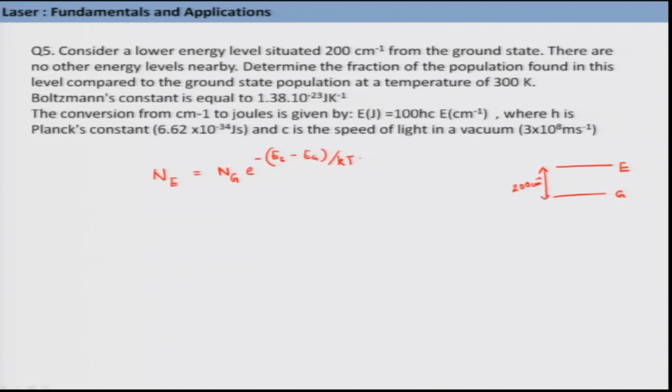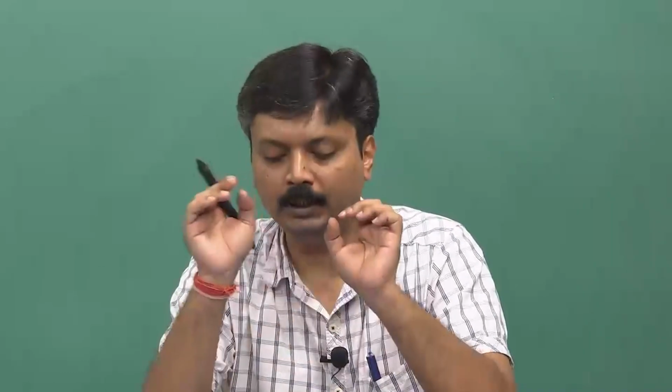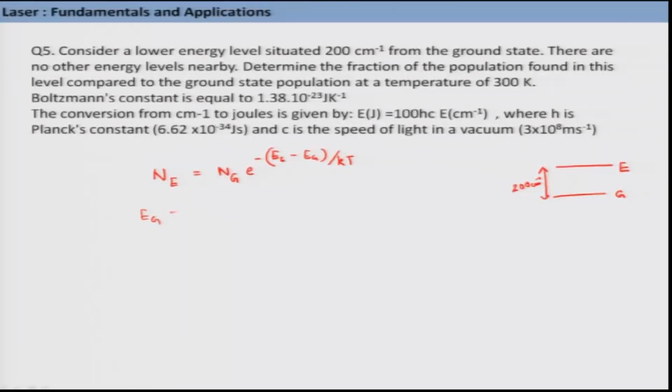Now, in our case, if I want to find out just the fraction, then I assume that the lower state is just the ground state and the energy is 0, just for simplicity. If you take any given energy, there is no harm, but just for simplicity, I make E_g equal to 0.